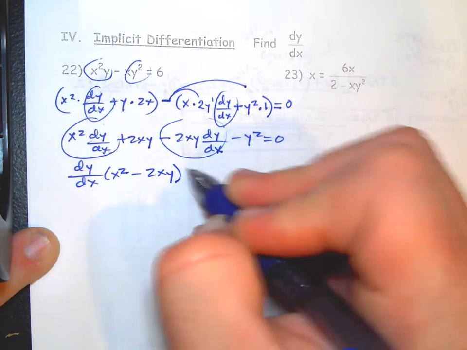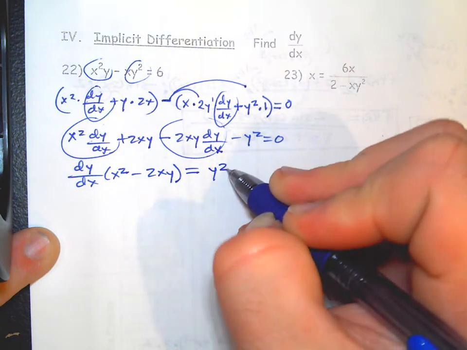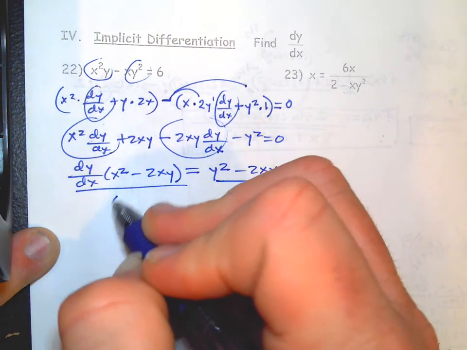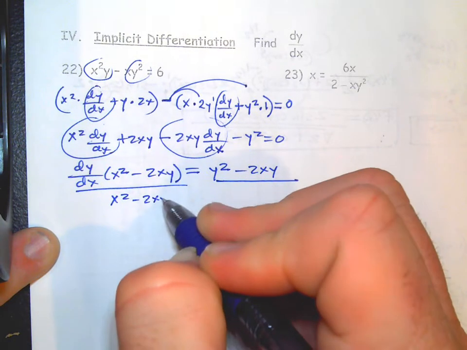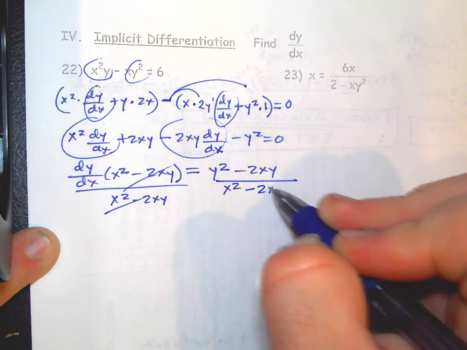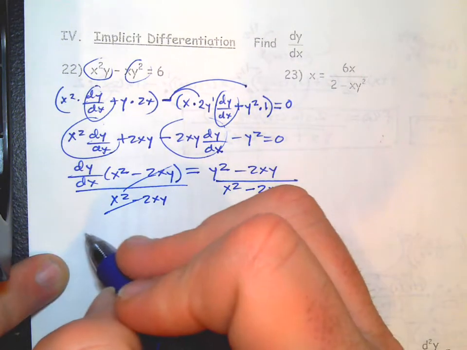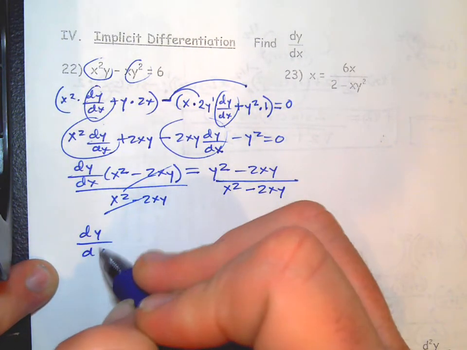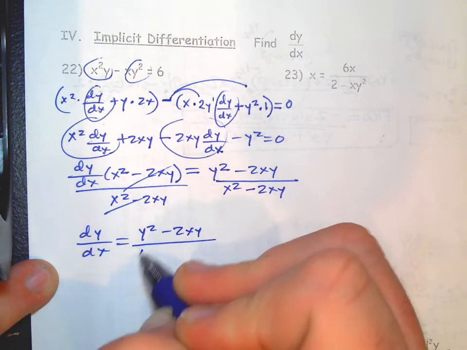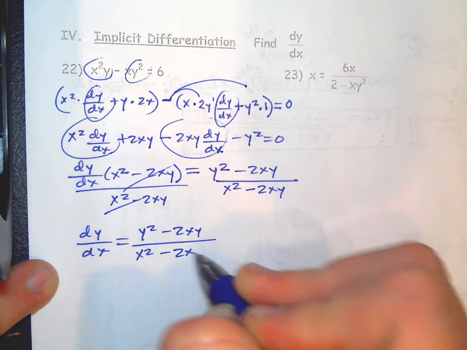And then move all the other terms to the other side. Add y squared, subtract 2xy. And then solve for dy dx. So dy dx equals y squared minus 2xy over x squared minus 2xy.